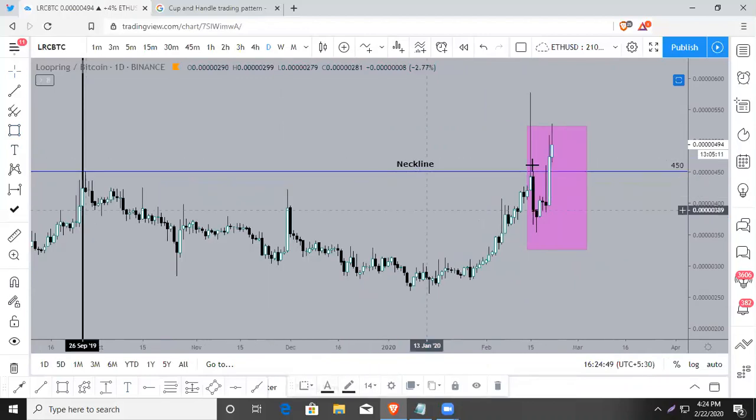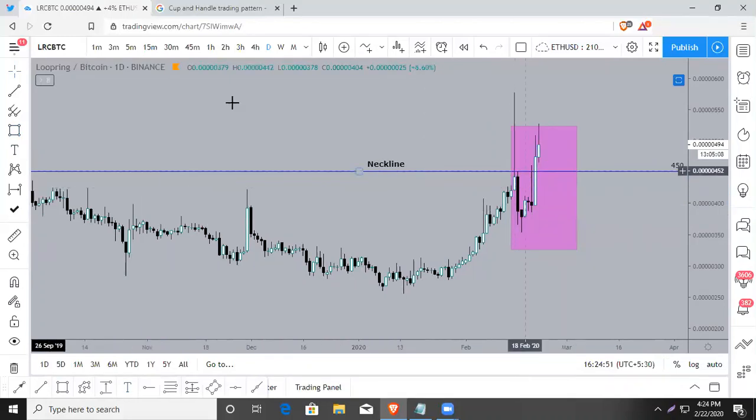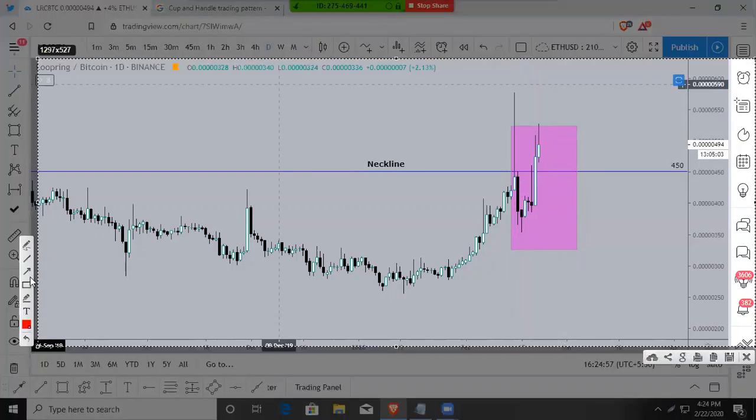So when we see the first rejection from the neckline, the price should not drop more than 50%. And how would you check that it has dropped more than 50%? You will do that with the Fibonacci tool. This wave should not drop below the 50% area.